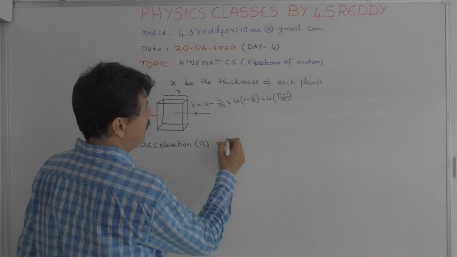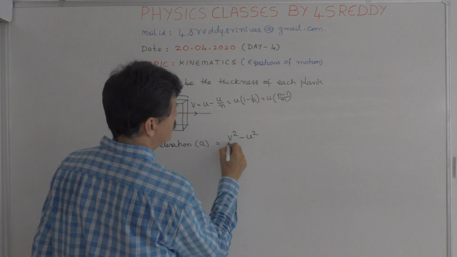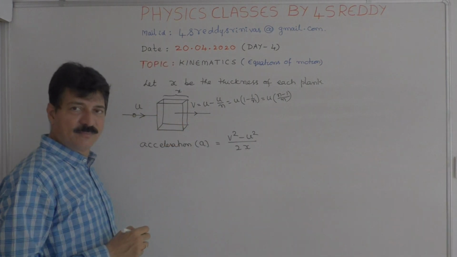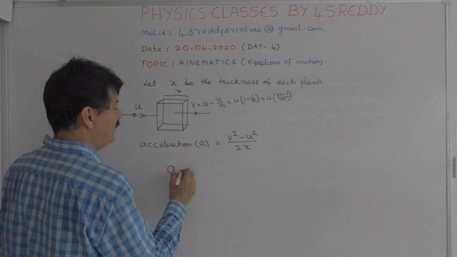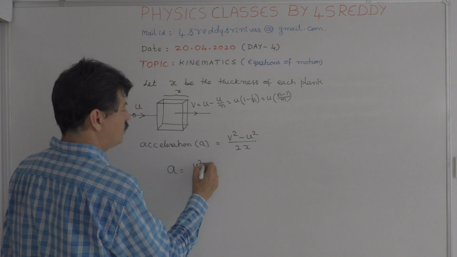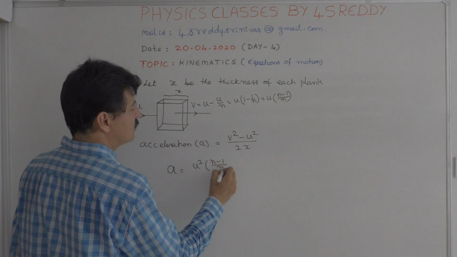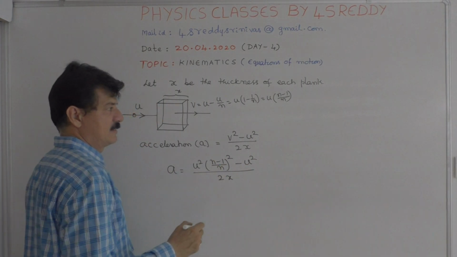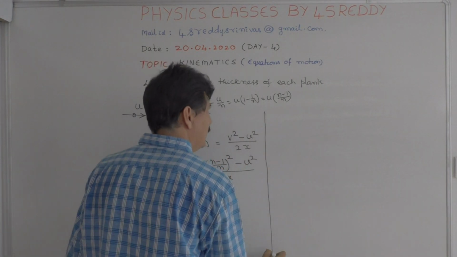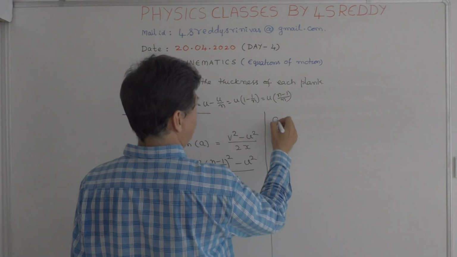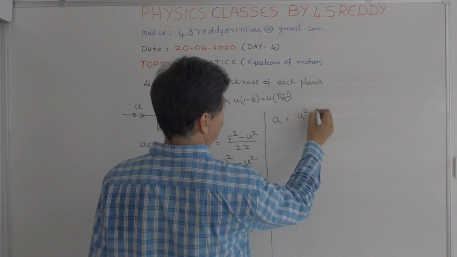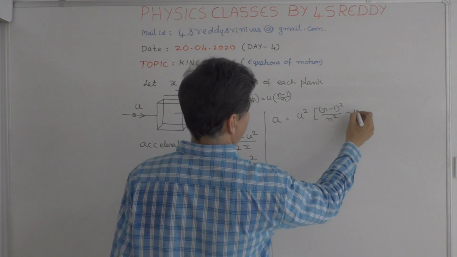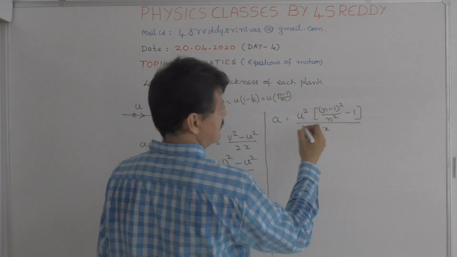Therefore, A can be written as v square minus u square by 2s, that is 2x. Therefore, A can be given as u square into (n minus 1 by n) whole square minus u square by 2x. And therefore, here A can be written as u square into ((n minus 1) whole square by n square minus 1) by 2x.